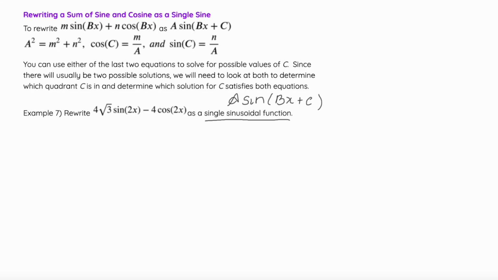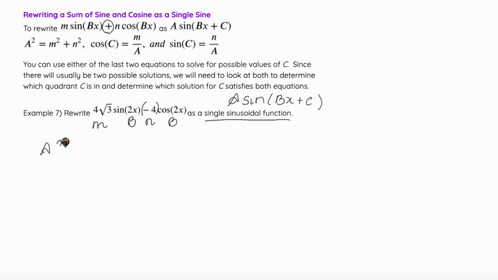So then in the 4 times the square roots 3 times sine of 2x, we have our m value, our b value. We're going to need to use -4 as our n value because notice in the directions it has to be positive. So in our case, our n is negative, and then b. Let's start off by first finding a so that we can look at cosine of c and sine of c to solve in that manner.